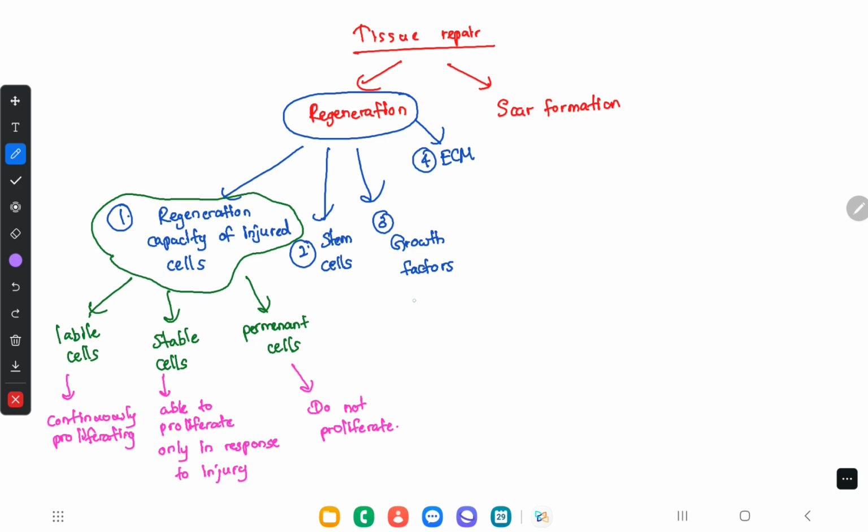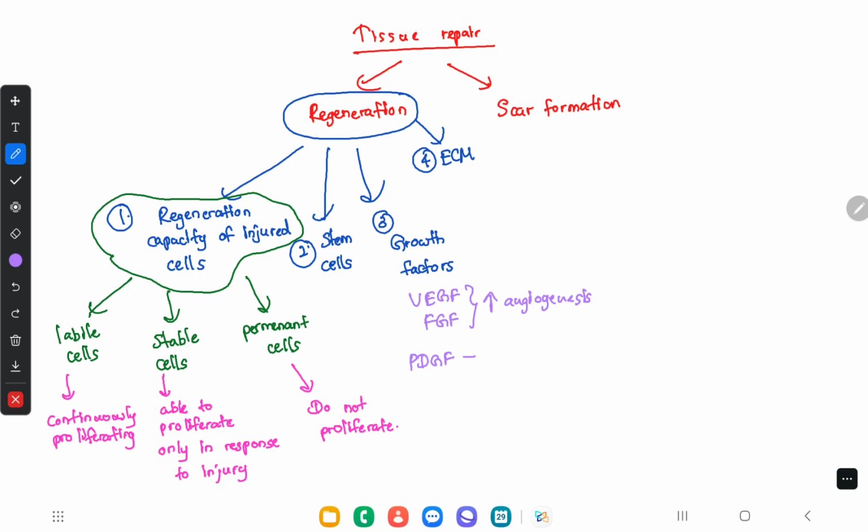There are several growth factors like vascular endothelial growth factors and fibroblast growth factors, which are produced by macrophages and increase angiogenesis. Then there are platelet derived growth factors.